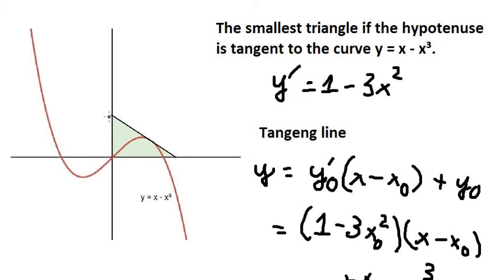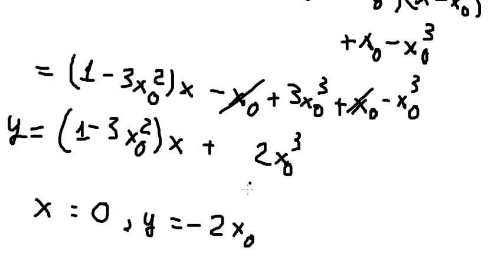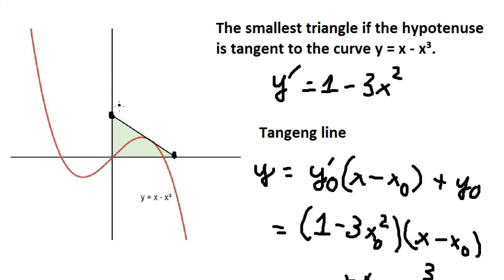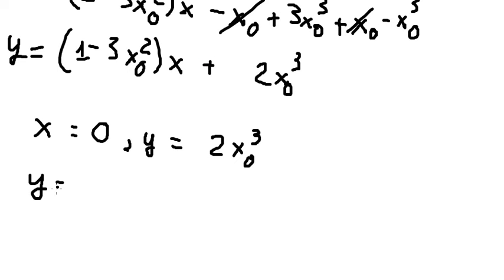Now we need to find the location in here and here. So when s equals number 0, y equals negative number 2, s0, this is positive s0 to the power of 3. So the location in here is 0, s0 to the power of 3. When y equals number 0, we can find the value of s.